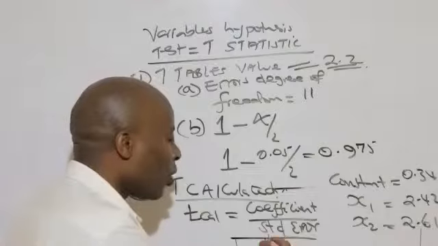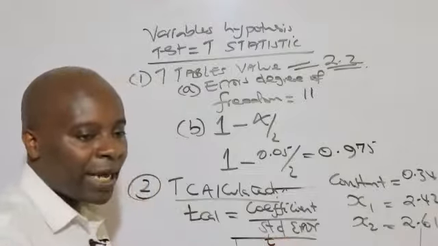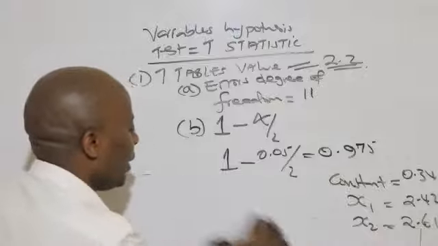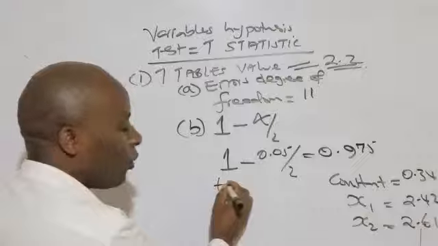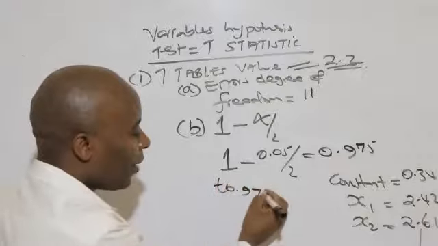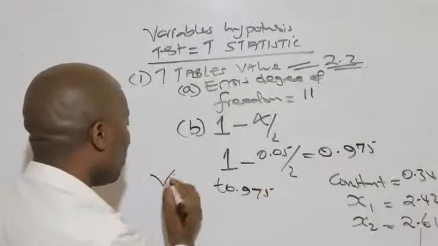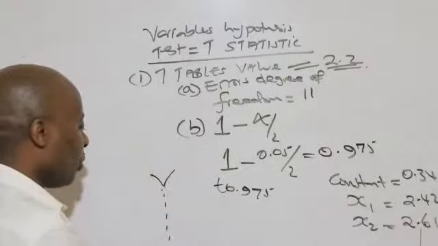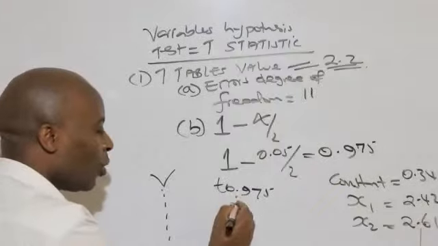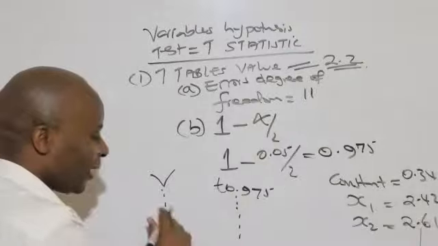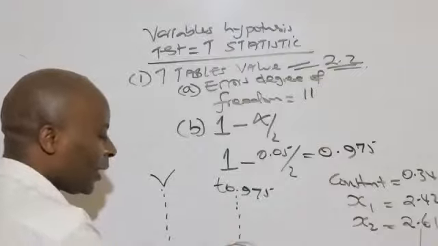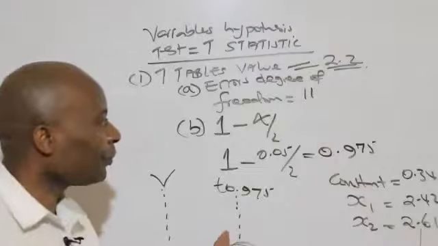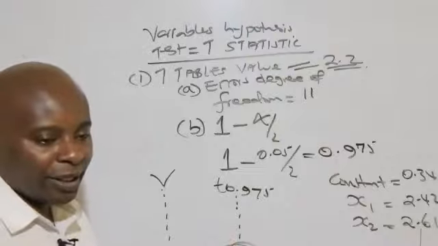One column up there is titled T.975, and another going by the name V. V stands for degrees of freedom. When you go down here, you'll see 11. Then you walk in parallel alongside and stop here. The figure at the intersection is what we call the T tables value.